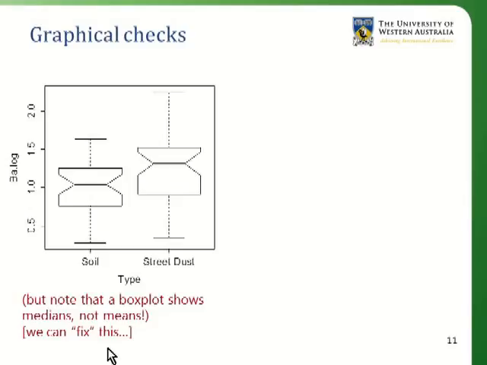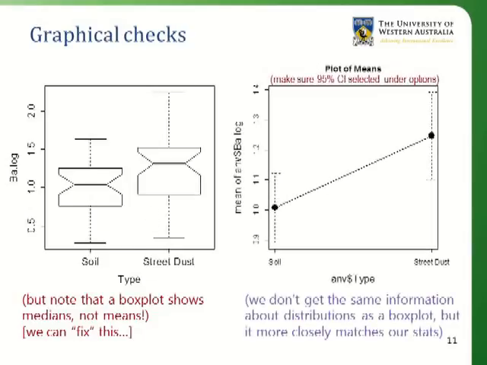We can show the mean on this plot, but it's not as rigorous a comparison as the plot of means, which is also available in R Commander, and particularly useful if under the Options tab we select the 95% confidence interval. We don't get the same detail of information about the distributions as in the box plot shown on the left, but it more closely matches the statistics that we're doing.